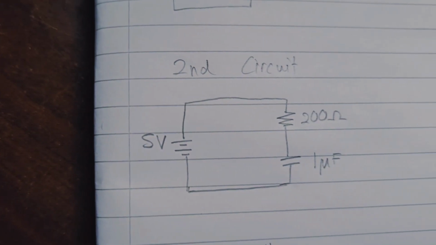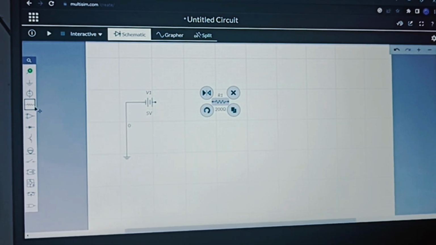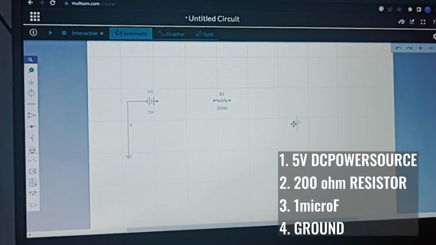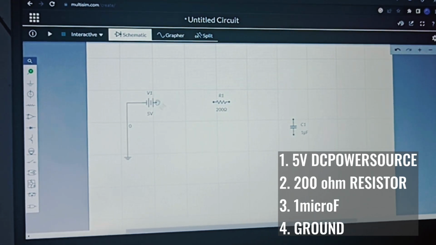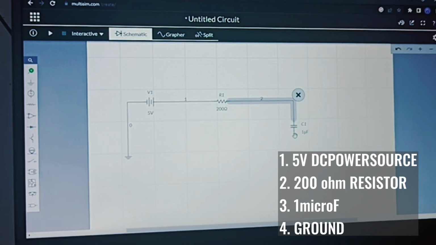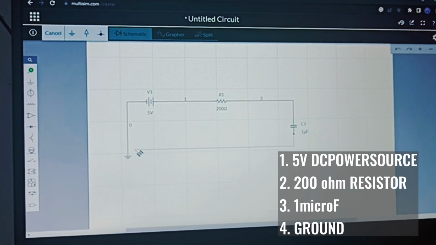For the second circuit, which is capacitor circuit, we use 4 elements, which is 5V DC voltage source, 200 ohms resistor, 1 microfarad capacitor, and ground.